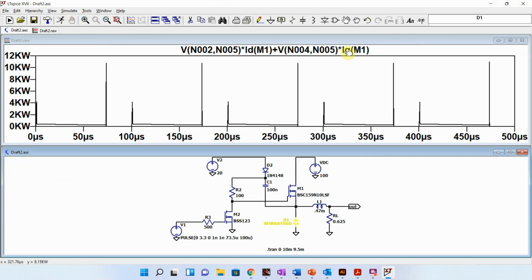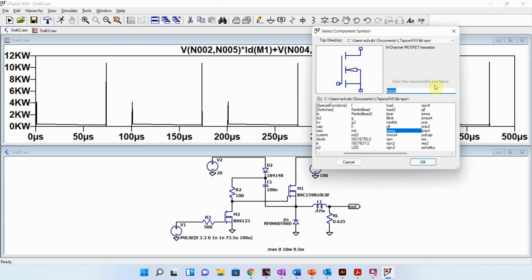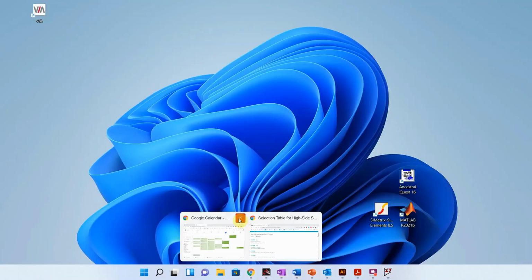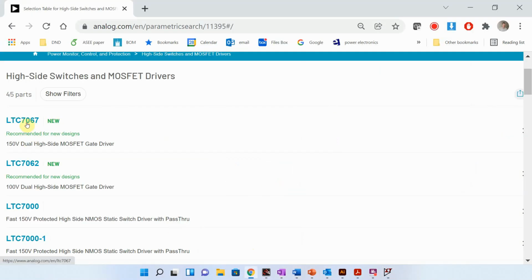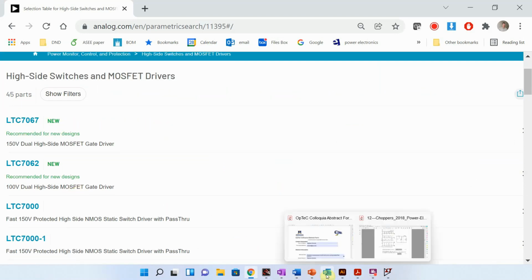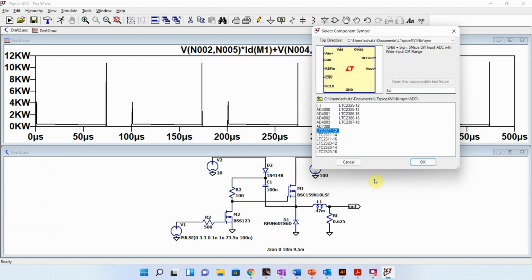So if I grab a new component and it was an LTC and it was a 706.